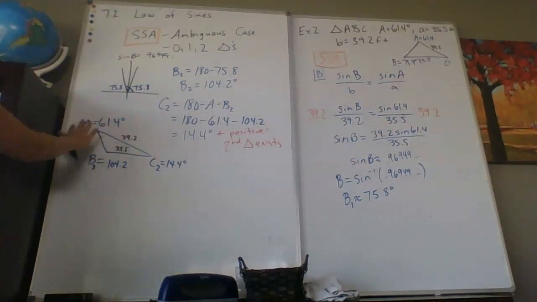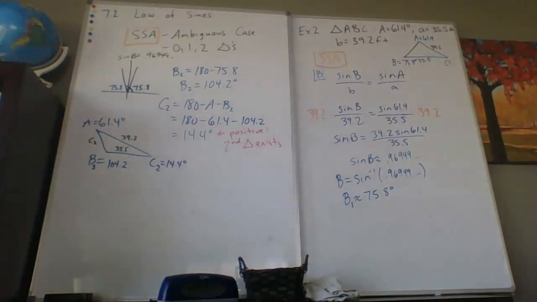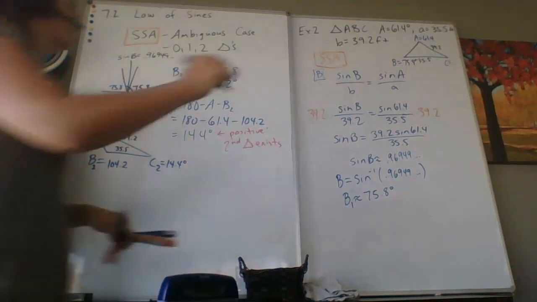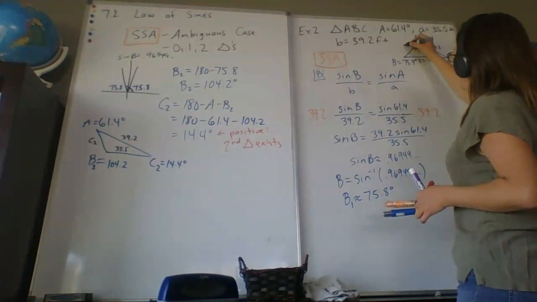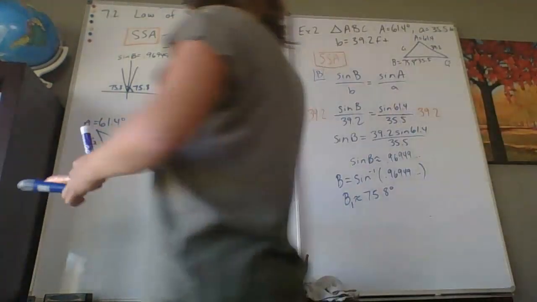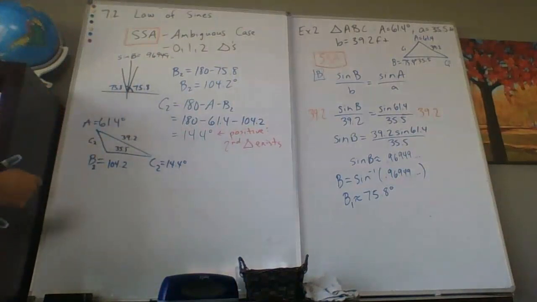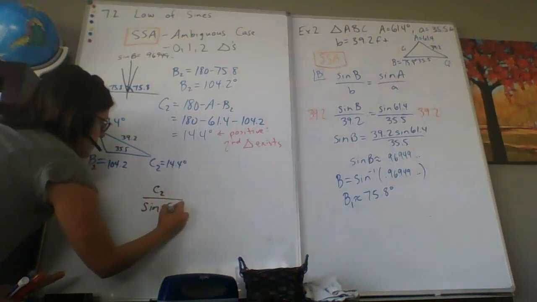So to finish this one off here, we still need to find little c. But since there's going to be two different c's, I'm going to call this one c2, and this one I'm going to call C1 for the angle and side c1. So lastly, since we've almost finished here, we're going to now find little c2, and that will be over sine of C2.